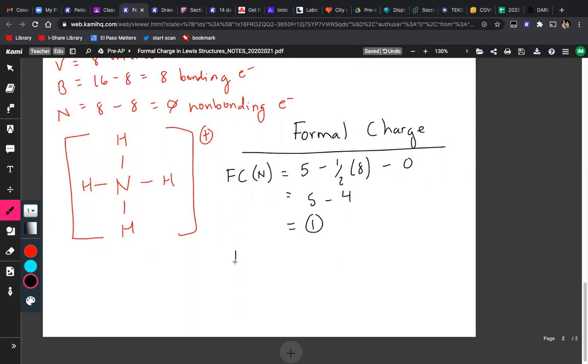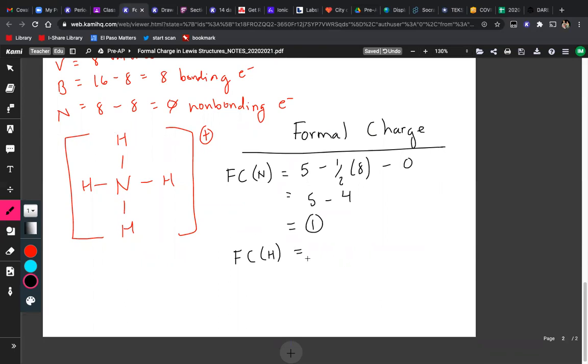Okay, let's do the same thing for hydrogen. Something I want to point out: each of these hydrogens is basically the same, meaning they're all bonded to the same element. So once we figure out the formal charge for one, we can apply that formal charge to all of them.